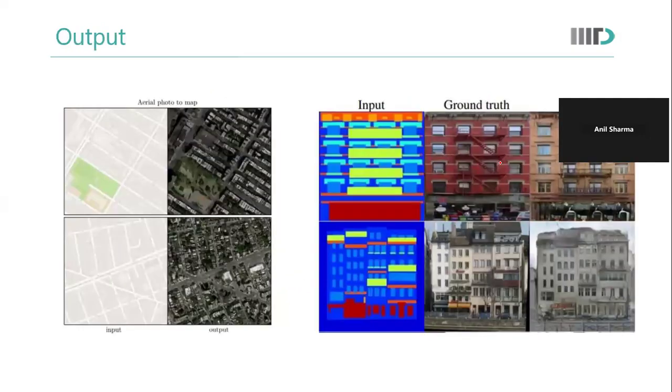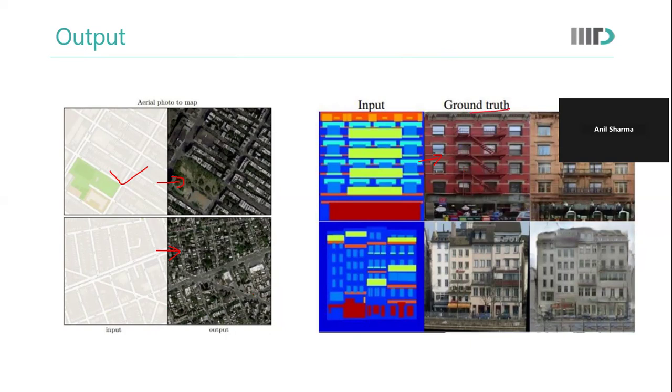If we see the output of the pixel to pixel GAN, when you give aerial images as the input, it will generate the satellite imagery. Just see how realistic the output is. Similarly, you give the segmentation mask of the facades, and it will generate very real looking images.